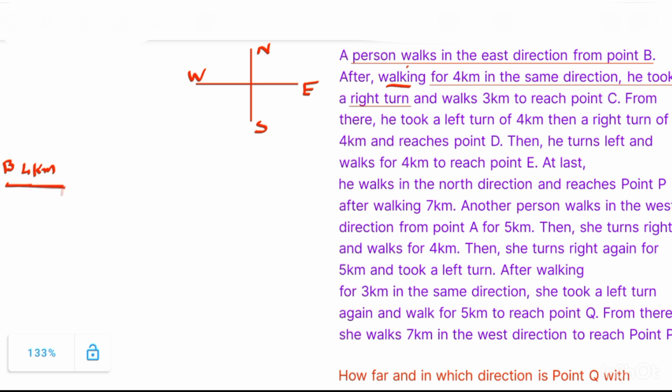So he will come on this path here and walks 3 kilometer to reach point C. So he walks here 3 kilometer and reaches point C. From there he took a left turn of 4 kilometer. Now from here he takes a left turn, so he is here. Now he takes left from here, that means he goes in east direction again and walks for 4 kilometer again.